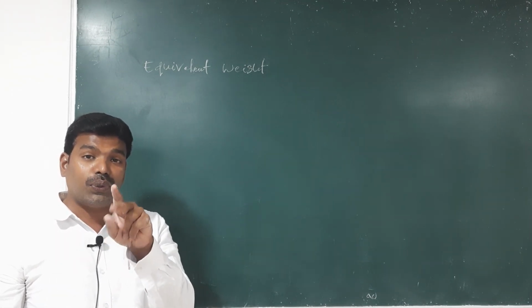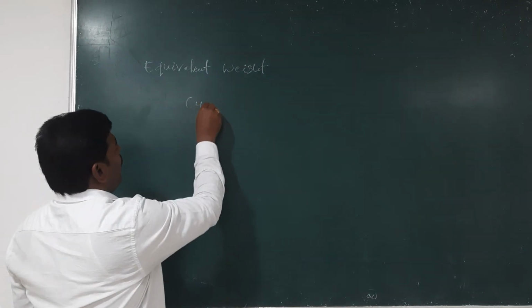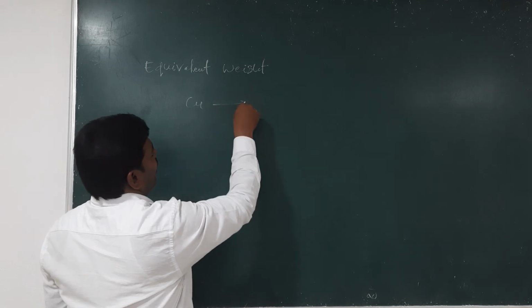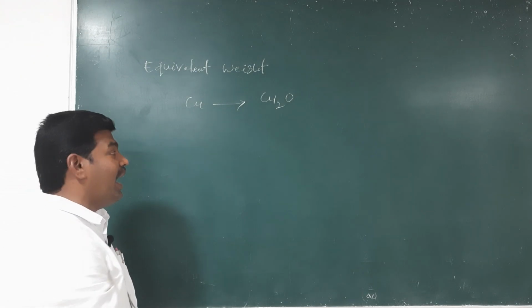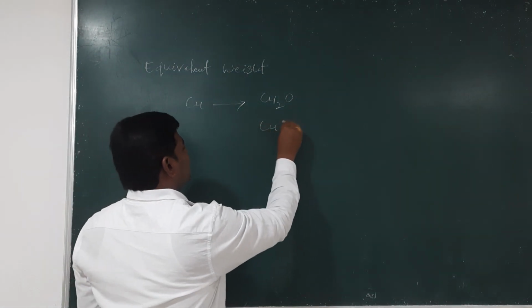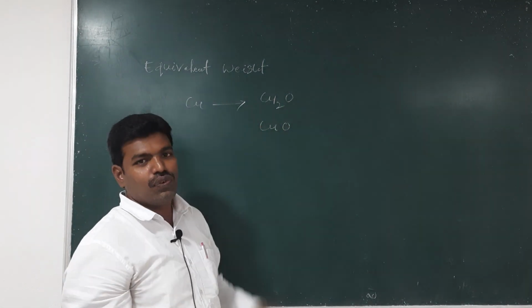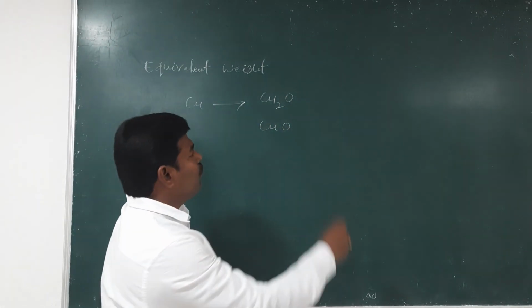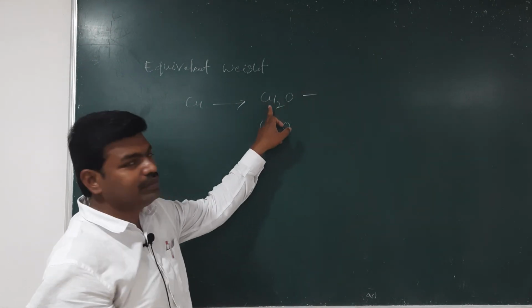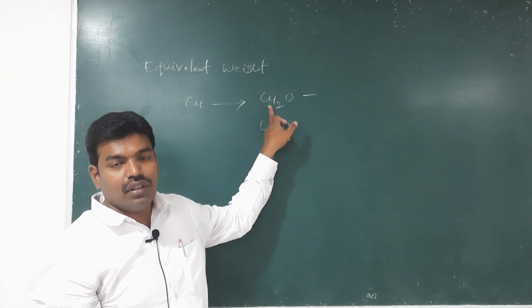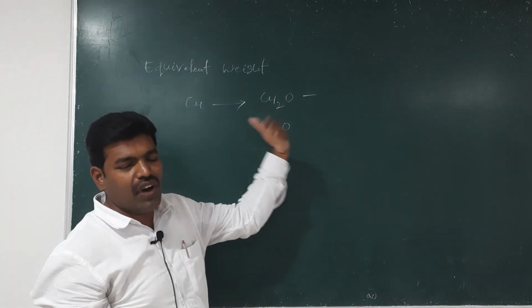Copper forms two oxides, that are cuprous oxide and cupric oxide, Cu2O and CuO. Now we shall calculate the equivalent weight of copper in the compound cuprous oxide. We have a formula.